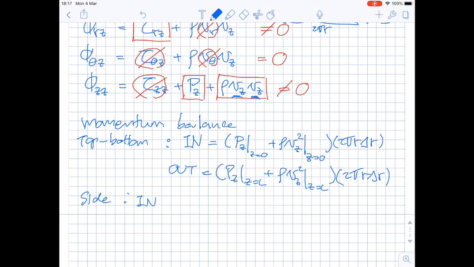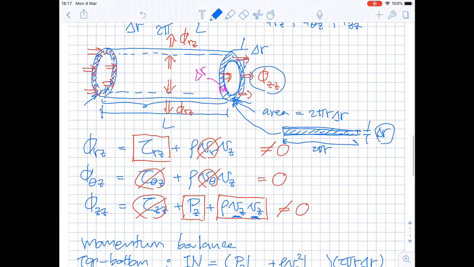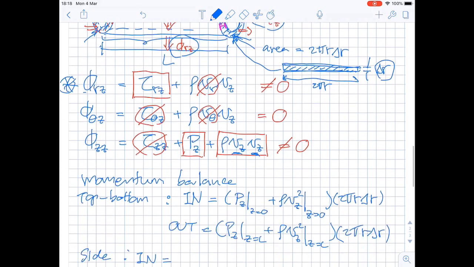The input term now should be related to phi Rz. This is flux going through the side of the cylinder. So phi Rc, according to what we calculated over here, you get tau Rc.